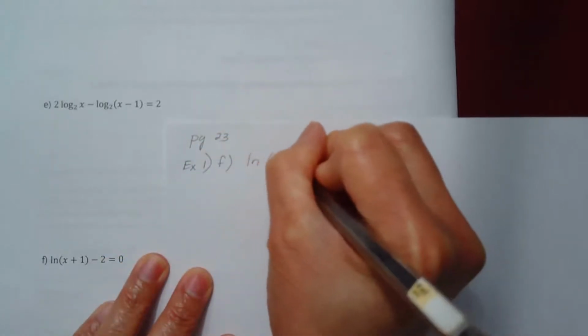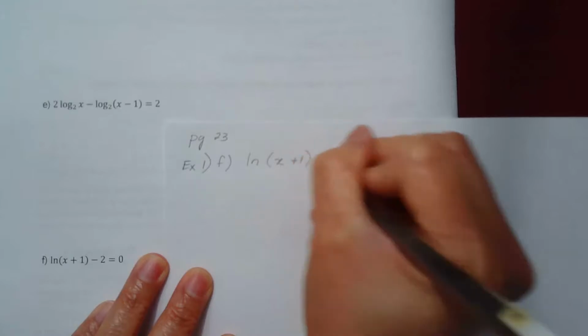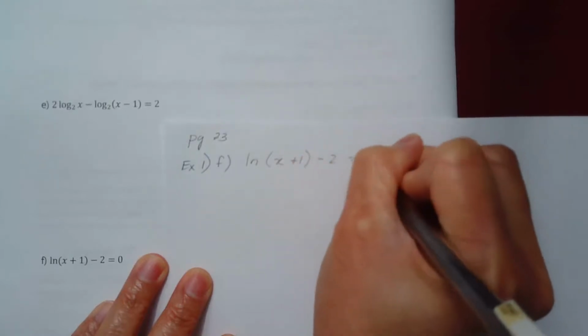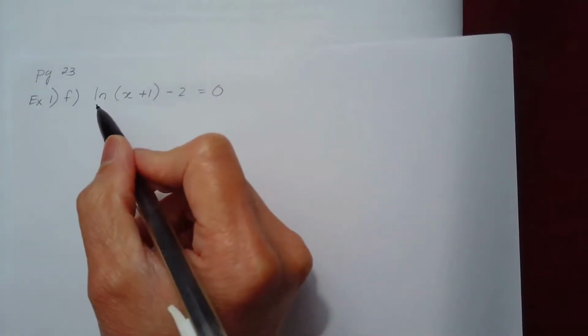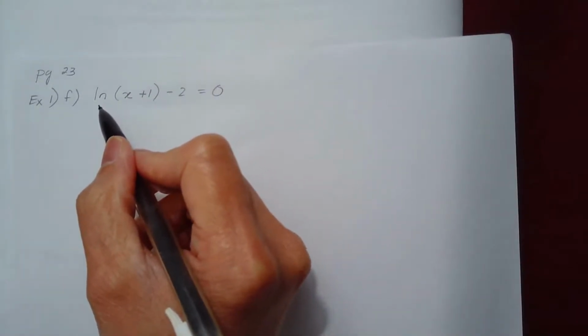Natural log of x plus 1 minus 2 equals 0. This is interesting. Now, because this is the natural log, the base here is base e.